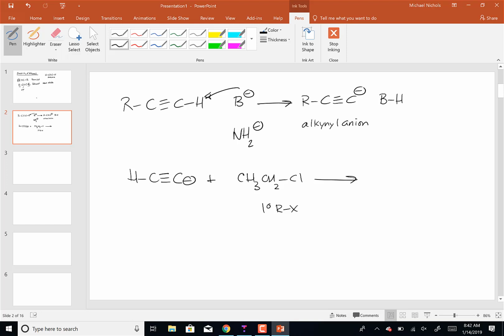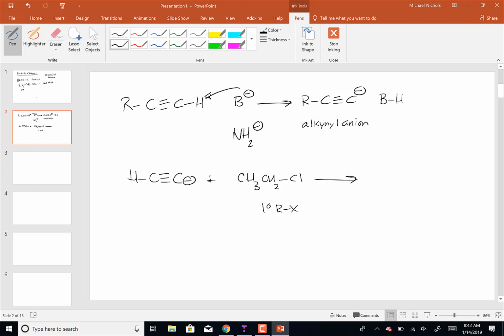Okay. Primary halides can only do what? Sn2. They can do E2 if we used a strong base. We're going to treat alkynyl anions as strong nucleophiles first. They're not sterically hindered, so we're going to treat them as if they were a strong nucleophile.